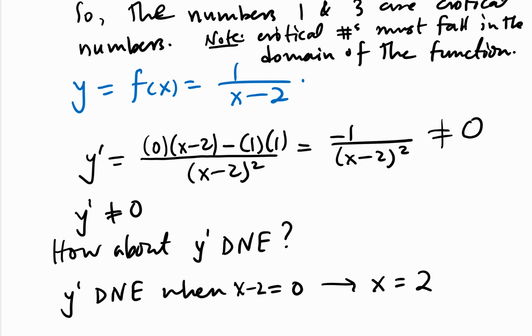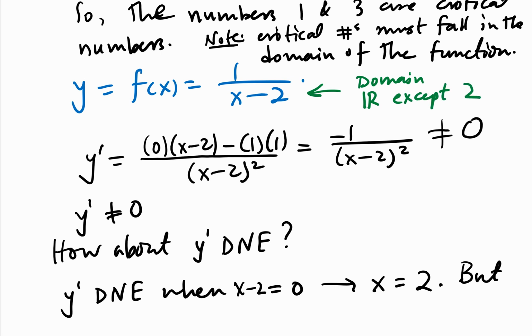But you have to watch carefully here. That's a tricky thing. Notice if you go back to the original function, the domain of this function is all real numbers except 2. You can't have 2. 2 is not in the domain.